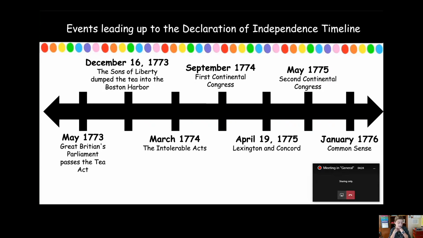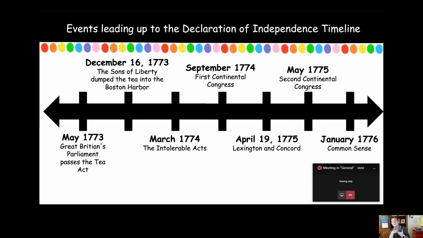They were uproaring, just things were not looking good. So Great Britain decided to pass the Tea Act. Now, the Tea Act was where they taxed the tea. The colonists could only get tea from Great Britain. And that showed the colonists that Great Britain still has a lot of control over them.